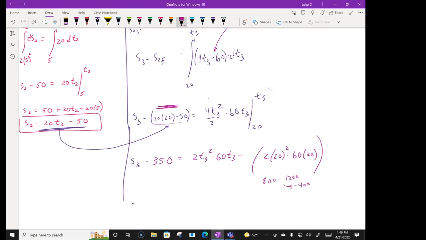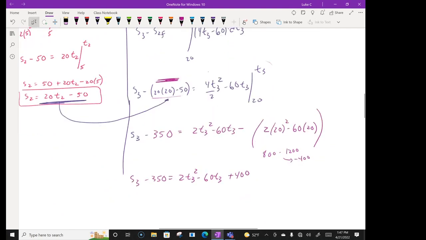So really plus. So S3 minus 350 equals 2T3 squared minus 60T3 plus 400. We should check this once we plot it. So S3 equals 2T3 squared minus 60T3 plus 750.